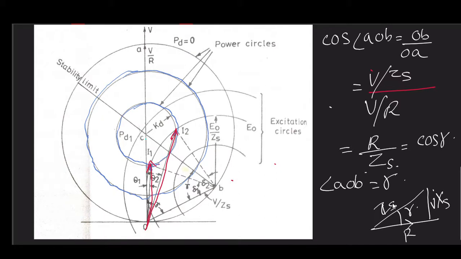So we are getting, for a constant excitation E naught and a constant power requirement PD1, two values of current.